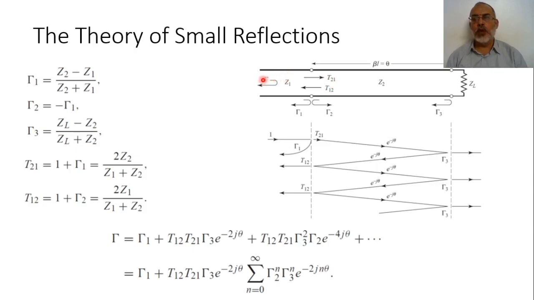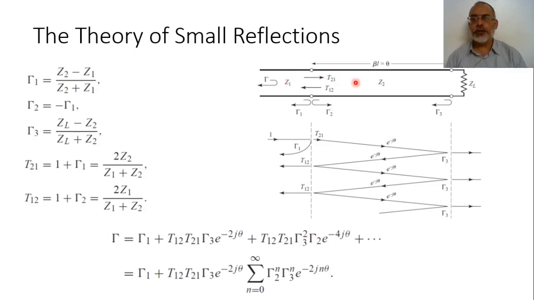Effectively, when the wave comes from the source through the transmission line, assuming that the transmission line has a characteristic impedance Z1, and at the discontinuity between the transmission line and the transformer, which is assumed to have a characteristic impedance Z2, there will be a reflection coefficient from Z1 to Z2.